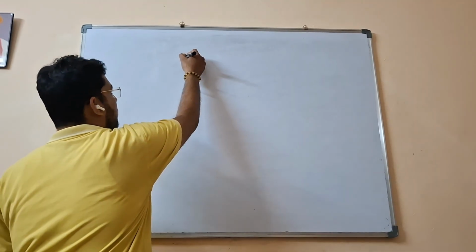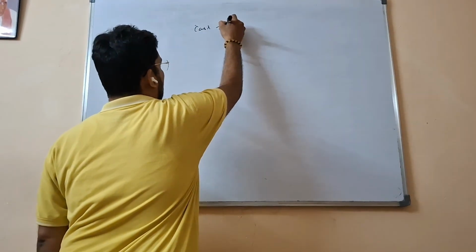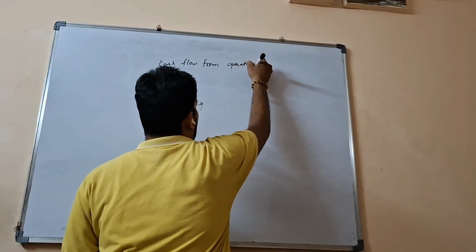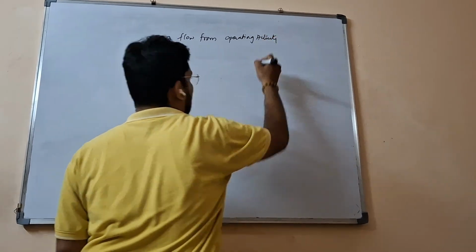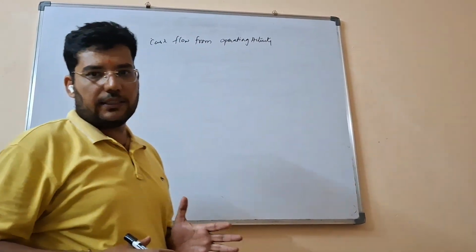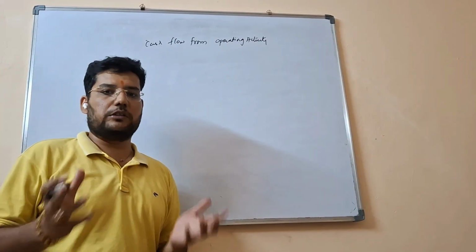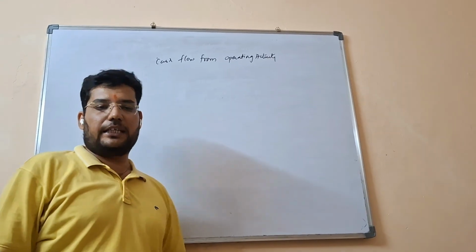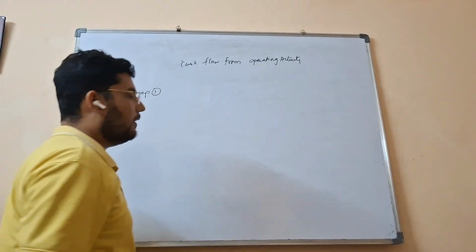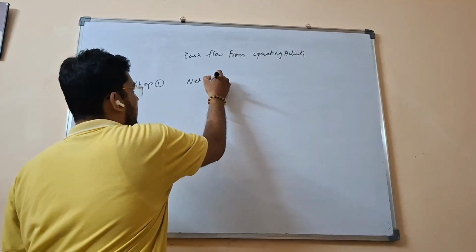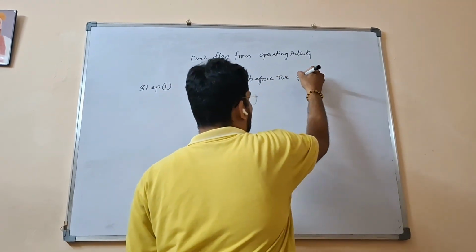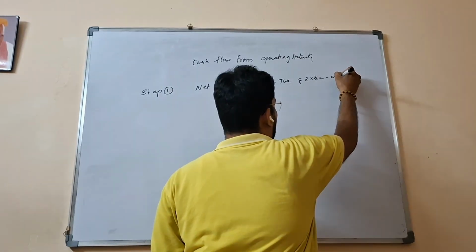Now we are going to talk about cash flow from operating activity, which, for making it easier, I have divided into 3 steps, formula based. Maybe it differs from teacher to teacher. Step 1 is the calculation of net profit before tax and extraordinary items.